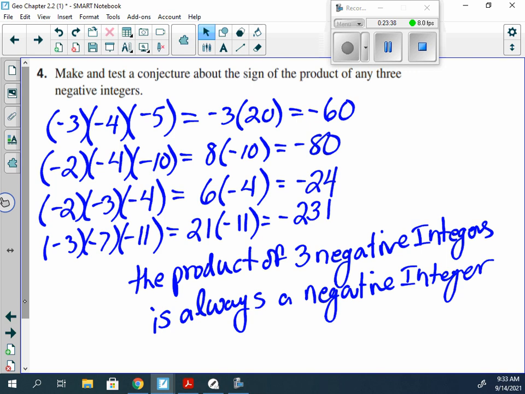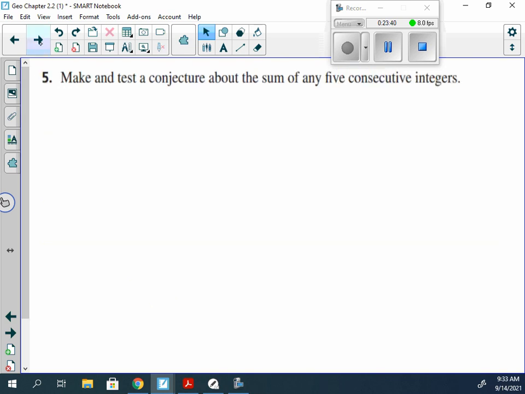Are you ready for the next one? Make and test a conjecture about the sum of any 5 consecutive integers. I just picked the first 5 numbers. 1 plus 2 plus 3 plus 4 plus 5. 1 plus 2 is 3, plus 3 is 6, 15.